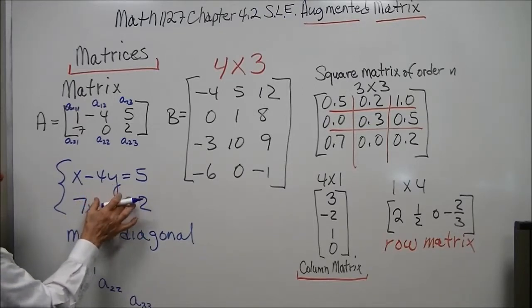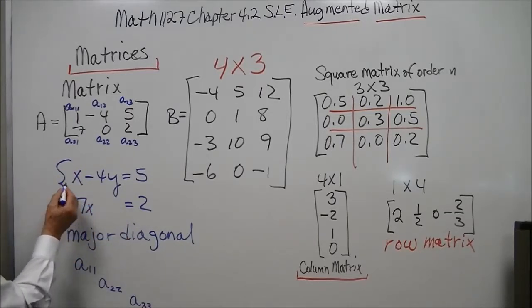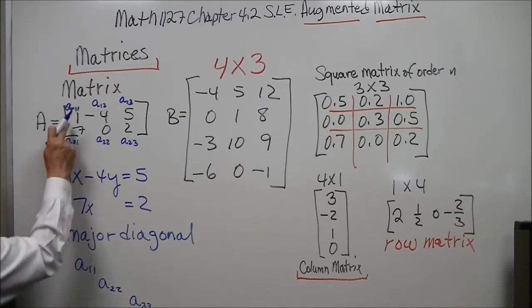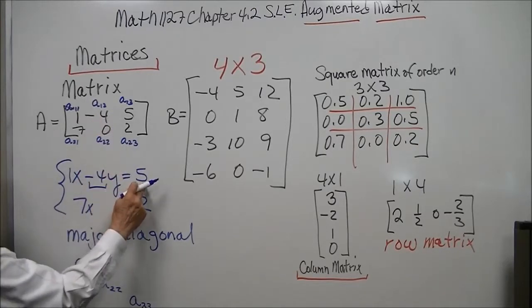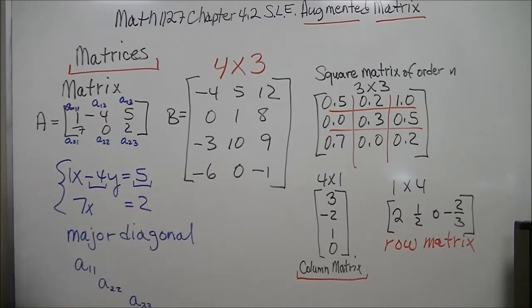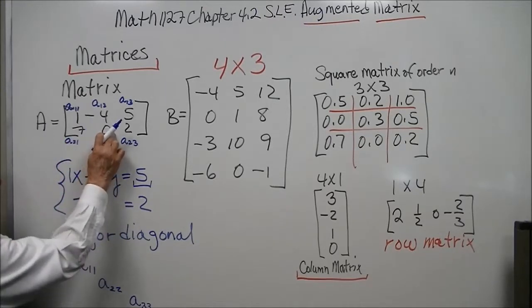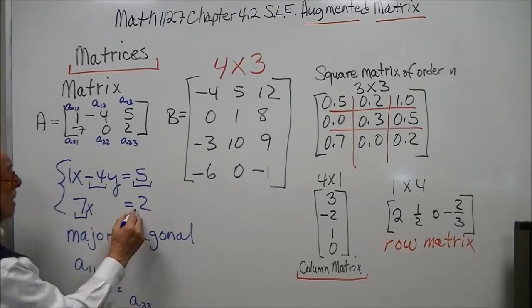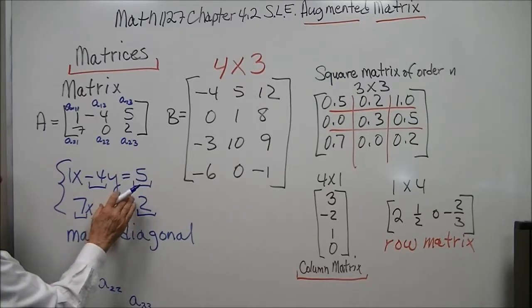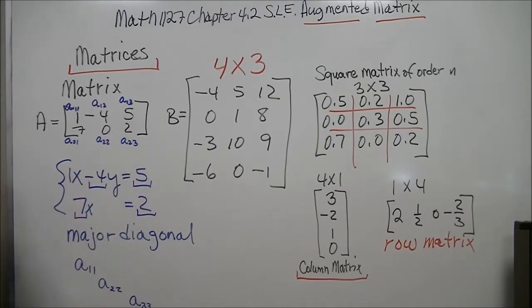And if we converted this set of linear equations into a matrix, we would take the numerical coefficient of the x, which is a 1, the numerical coefficient of the y, which is a -4, and then our constant, which is 5. And then numerical coefficient of the x here, which is 7. There is no y term, so we put a 0 as a space filler, and our constant over here is 2. So this would be the standard form of linear equation in 2 variables. This would be its matrix equivalent.